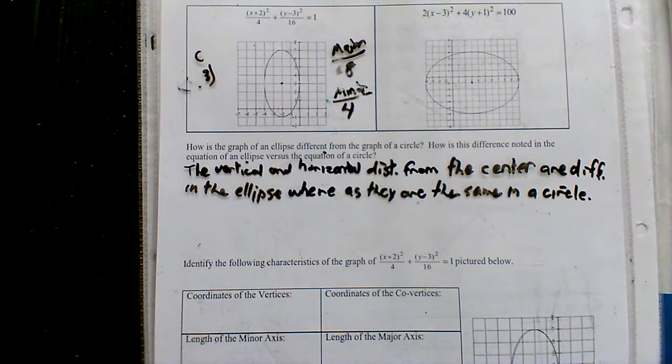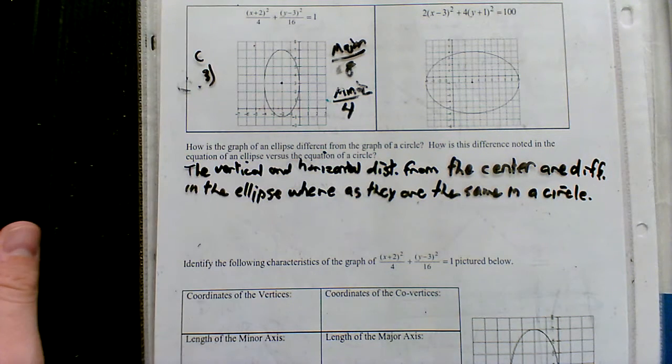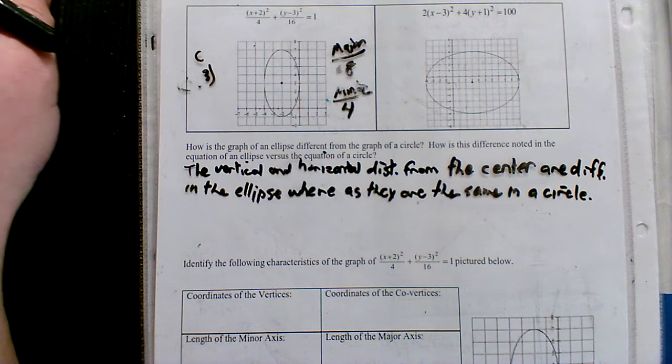Okay, very good. So saying that the radius in a circle is the same, but the vertical and horizontal distance is different from the center to the outside edge. So very good. What else do we notice is a difference between them?